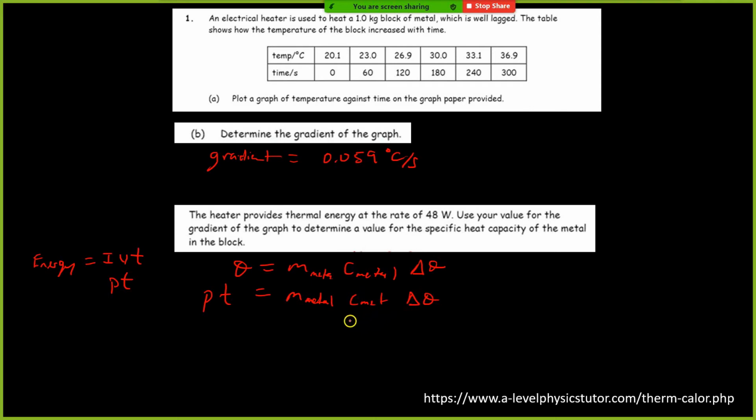Now this is a tricky part because they ask us to use the gradient. So you initially have to see that the gradient is equal to change in temperature over time.